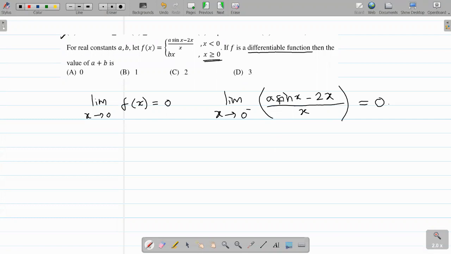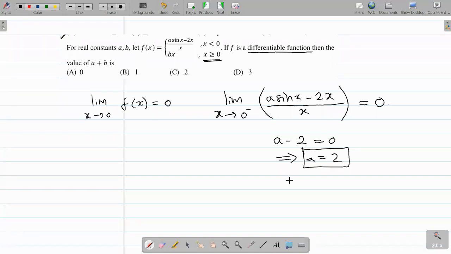So what will this be? Sin x by x is 1. So a minus 2x by x, which is 2, so a minus 2 is 0. And that tells me a is 2. You understand this? Okay. So you got a.